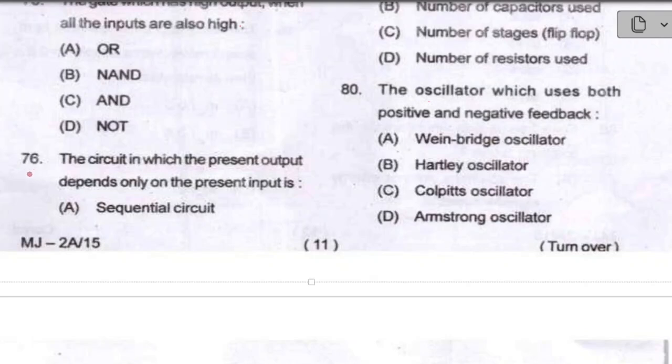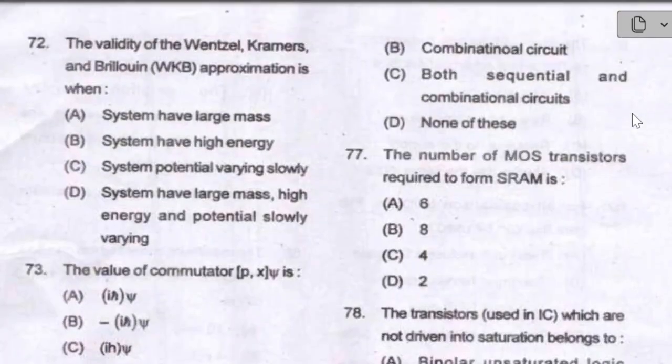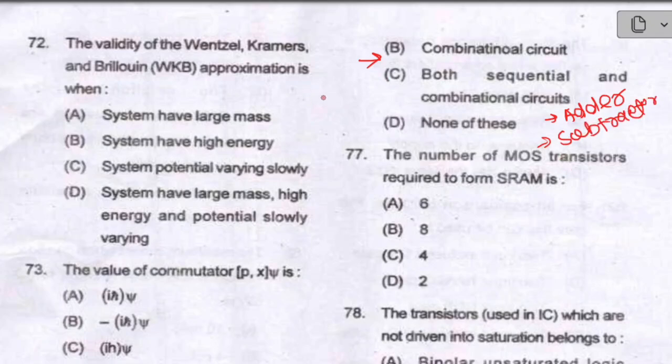Question number 76. The circuit in which the present output depends only on the present input, that is your combinational circuit. So your correct option is option B. For example, combinational circuits are your adder circuit, subtractor circuit, then encoder, decoder, or your multiplexer, demultiplexer.